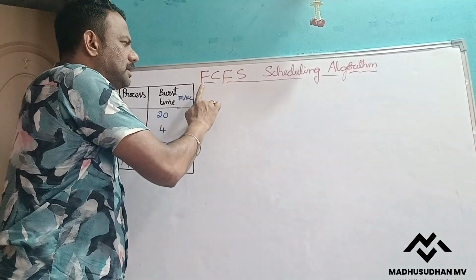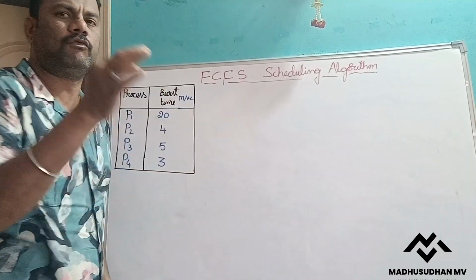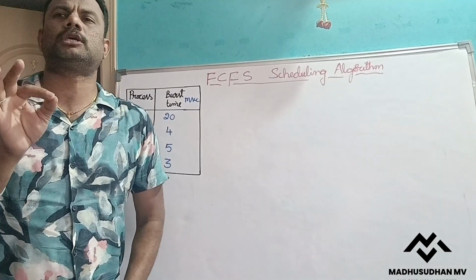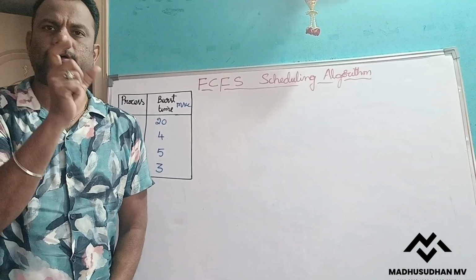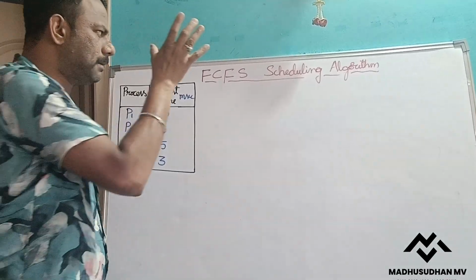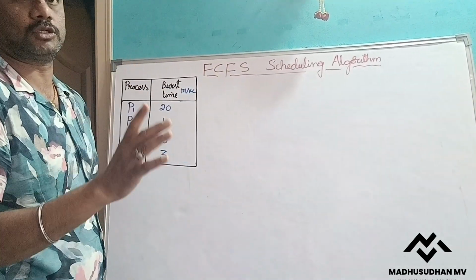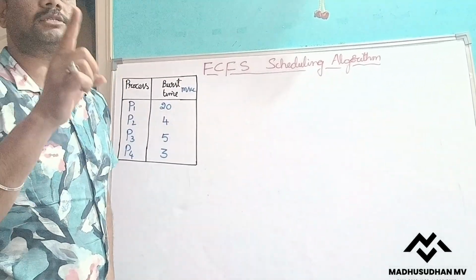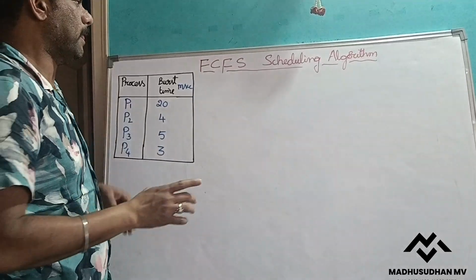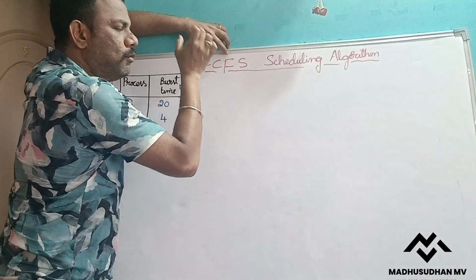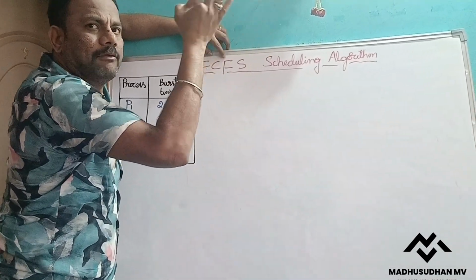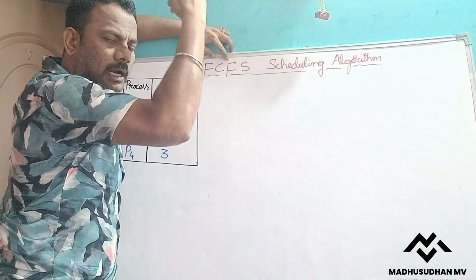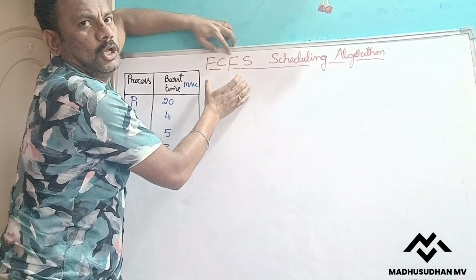This is the basic and simplest scheduling algorithm. As the name itself suggests, first come first serve means whichever process arrives first has to execute first. To implement this scheduling algorithm, we have to use the queue data structure because queue has the first in first out property. Whichever process arrives first, in that order only we need to execute.